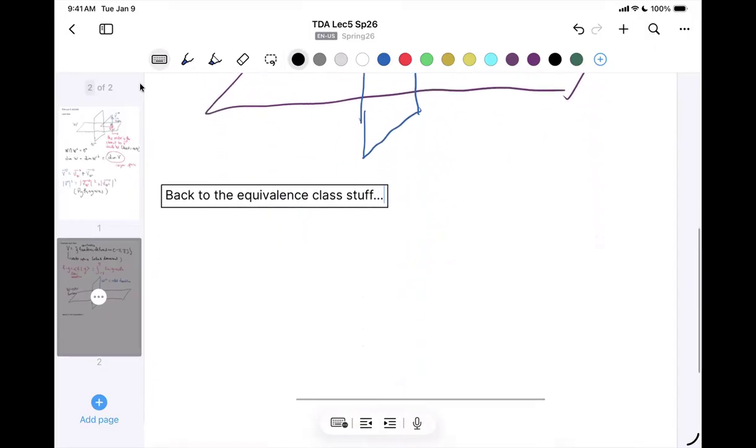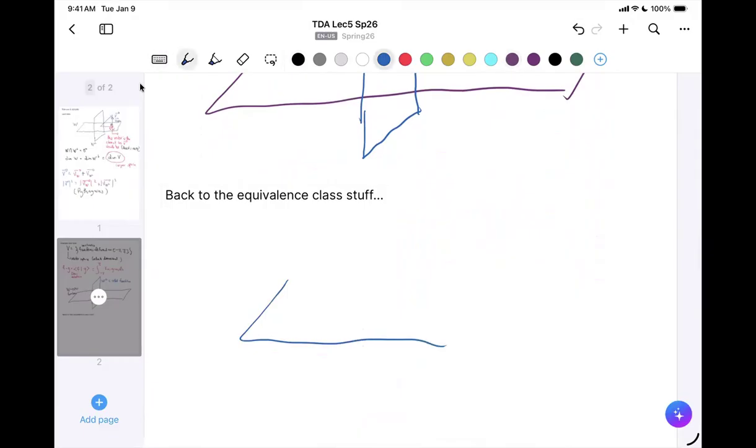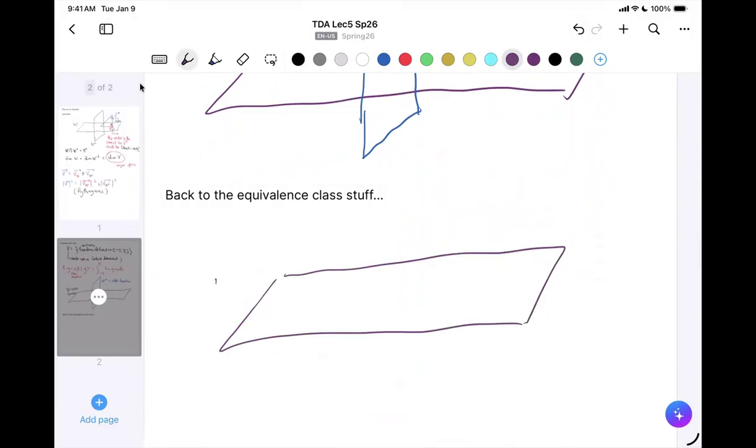What we were talking about is that when you have a vector subspace, and let's say you have two vectors v1 and v2, you can say that they are related if their difference belongs to the subspace.